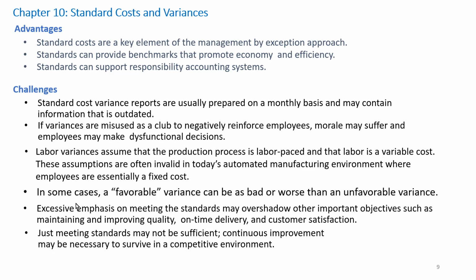Fourth, favorable variances can be interpreted as good, but in actual fact may not be what is best for the company. Fifth, too much focus on meeting the standard may make quality suffer. And finally, six, just meeting the standard is not good enough. The goal is constant improvement to survive in a competitive environment.